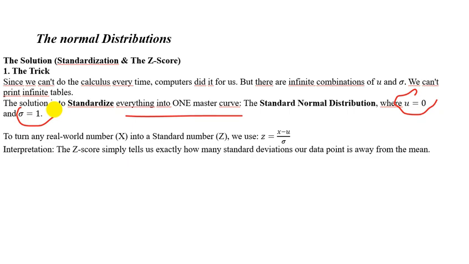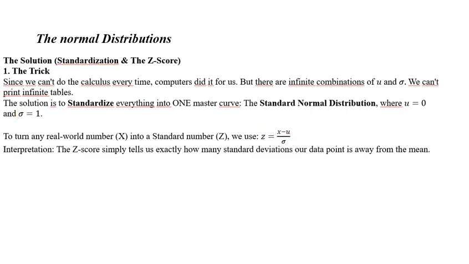And to turn any real world number into a standard number z, you simply subtract the mean from the value, and then divide by the standard deviation. This is the formula for standardization.